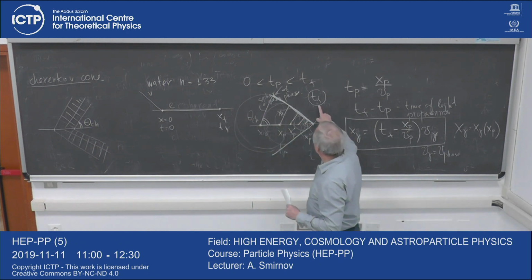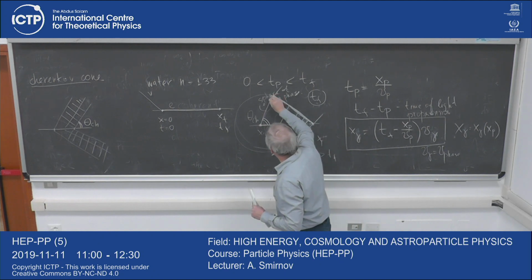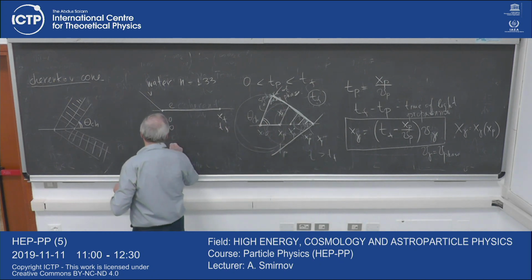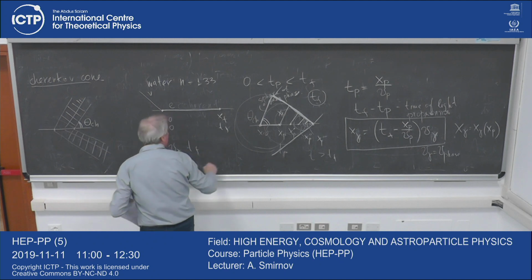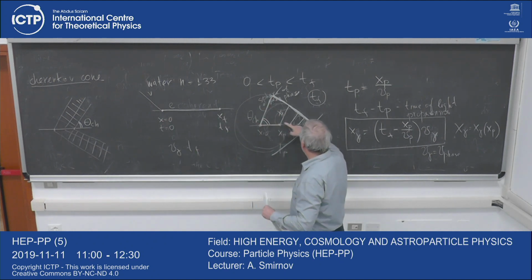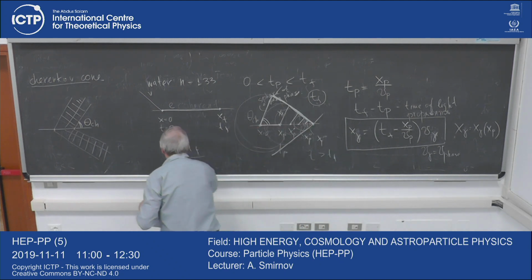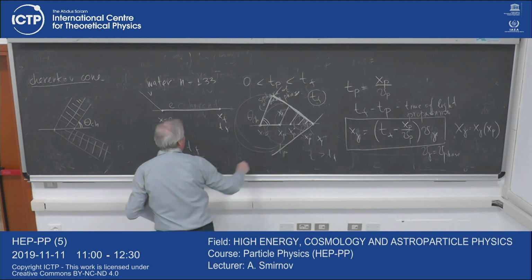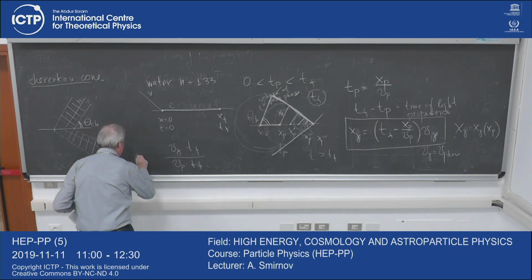And then at the moment of time TF, the length of this side was V gamma times TF. So this is the length of this. And now the length of this is V particle times TF. And this gives me the cosine of the angle.